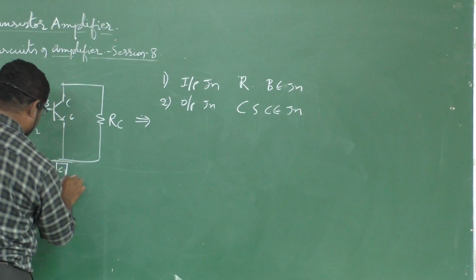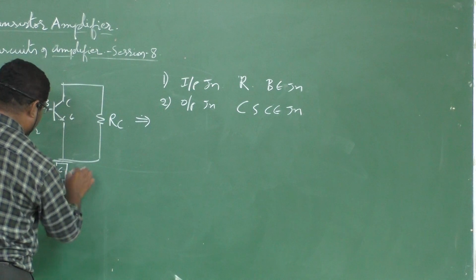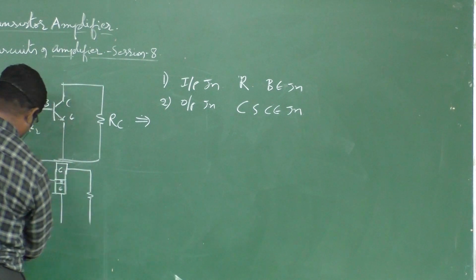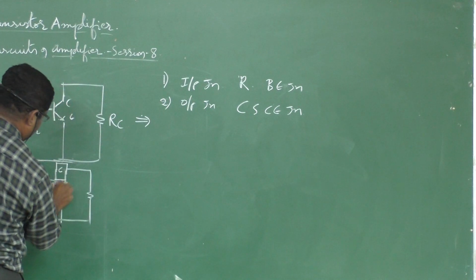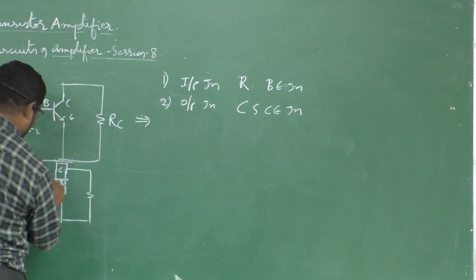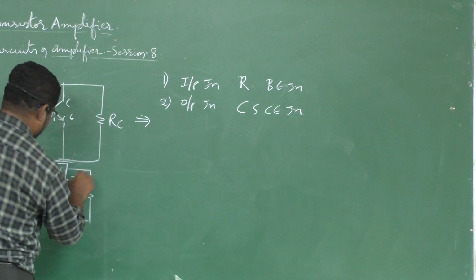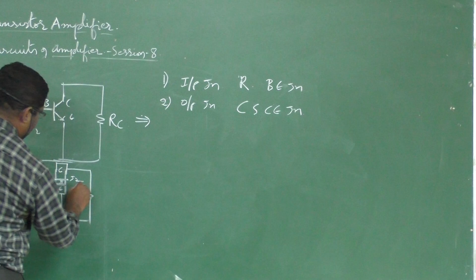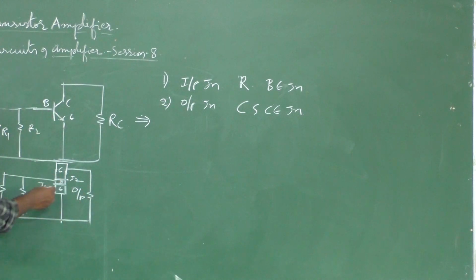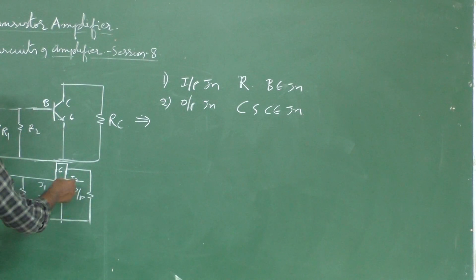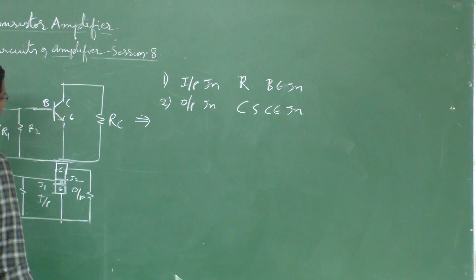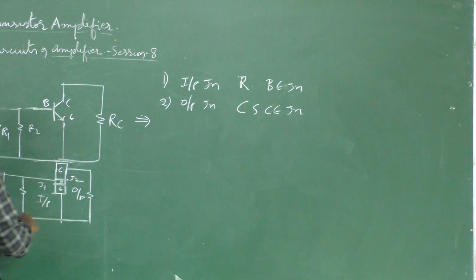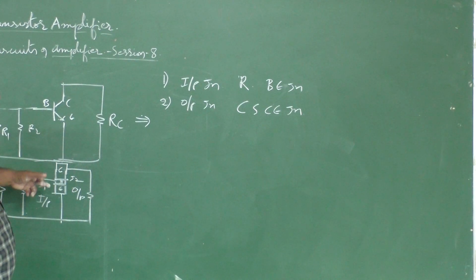This is C, this is B, this is E, and here I am taking one more resistance. So this is junction 1, this is junction 2, this is the input junction, and this is the output junction. This is the junction between base and emitter, and the second junction is the base and collector junction.